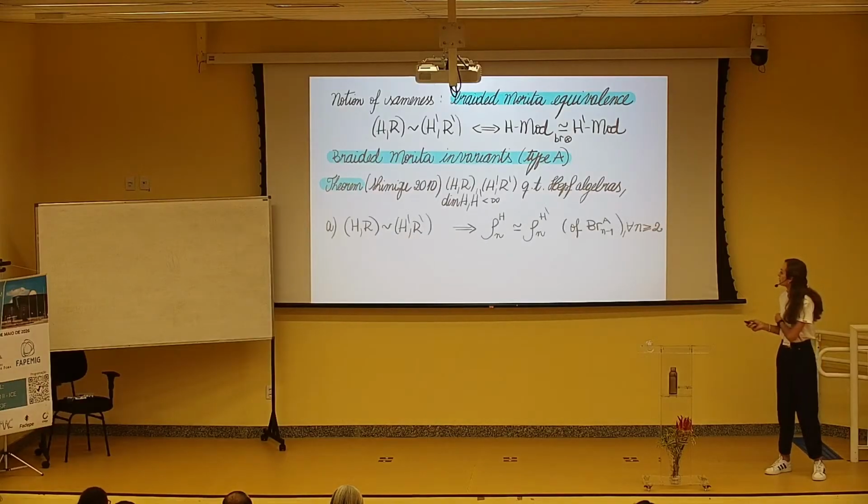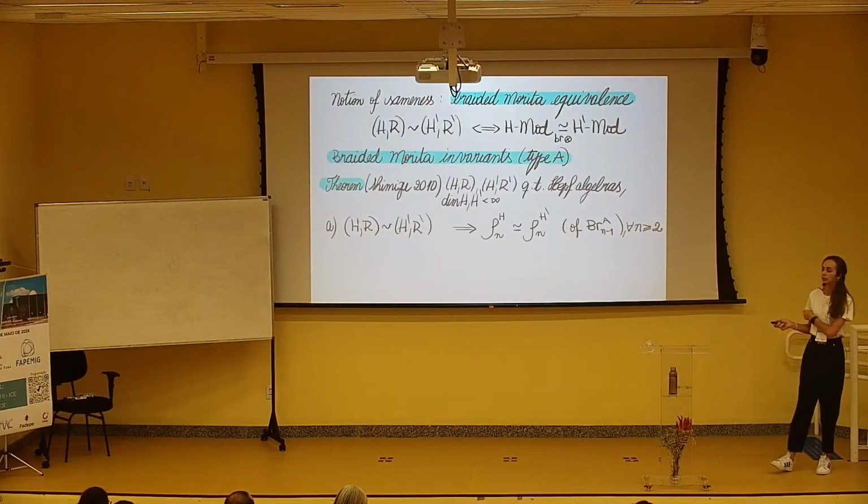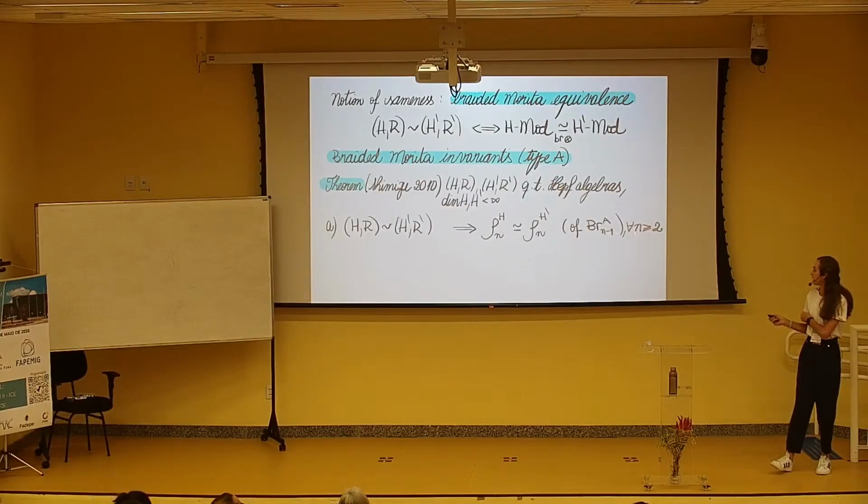The first result is that if these guys are Morita equivalent, then their representations of the braid group of type A are equivalent for any n greater or equal than 2. Why is this nice to have?